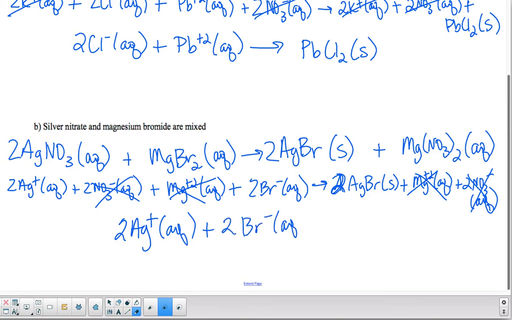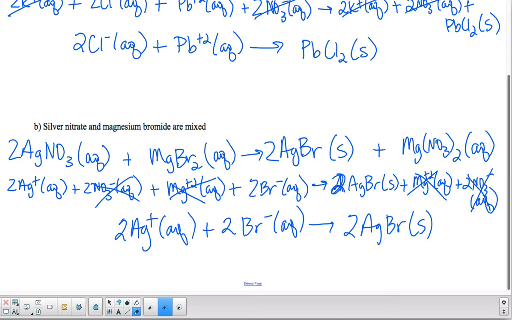I'm not going to mark you wrong, but it would be better to reduce this to Ag⁺ + Br⁻ makes AgBr. But again, it's not wrong. This is still a balanced equation. And I know why it's like that. Okay, questions?